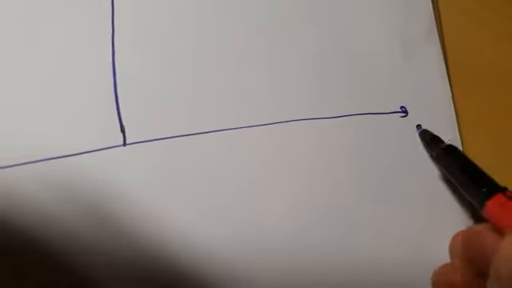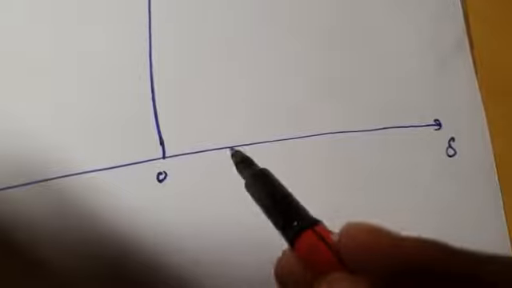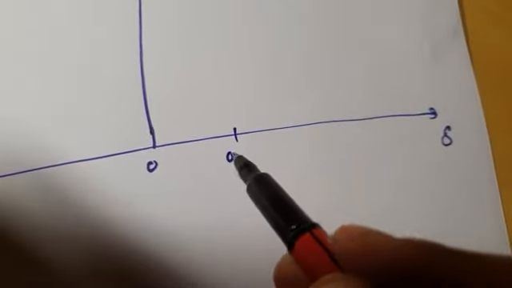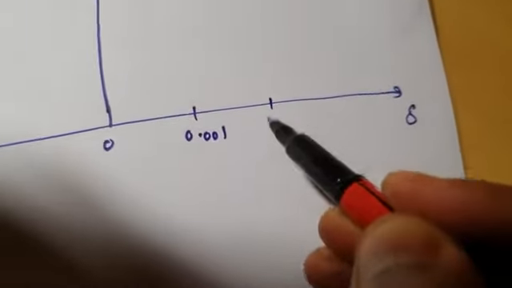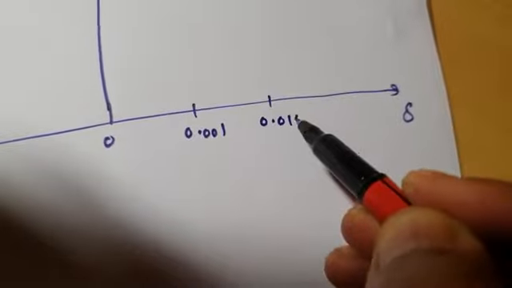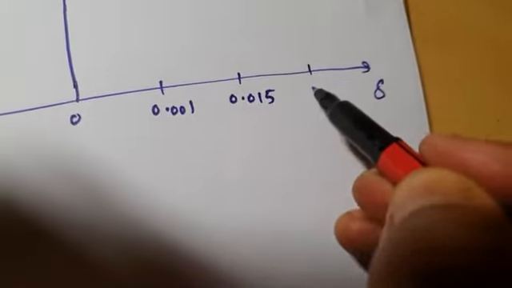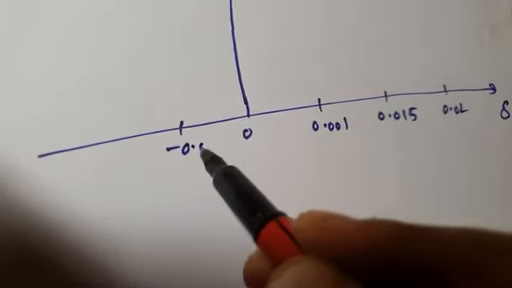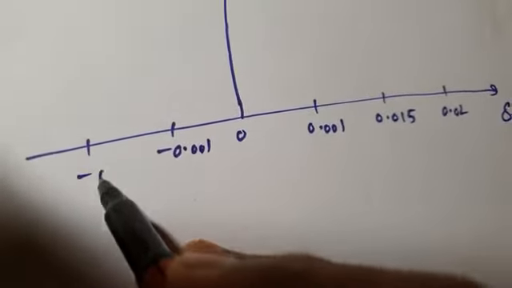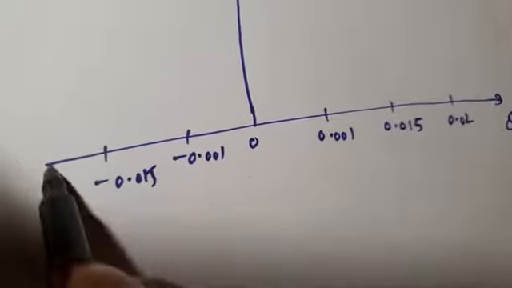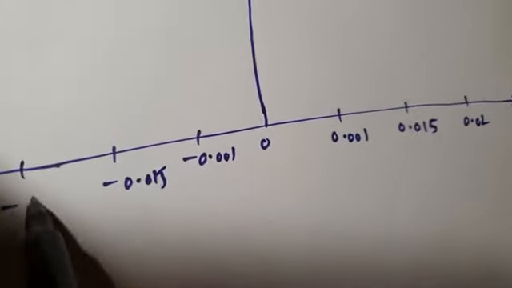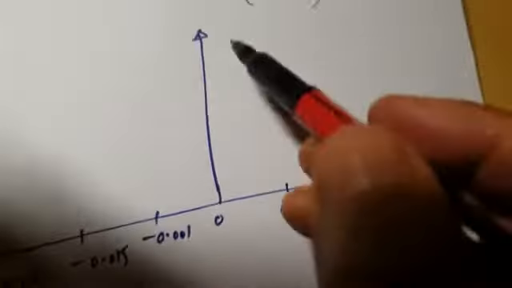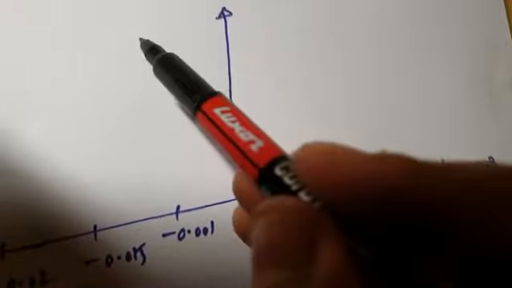This is the delta axis, with 0, 0.001, 0.015, 0.02, because frequency deviation is very small. Similarly on this side, minus 0.001, minus 0.015, and minus 0.02, and this is K.